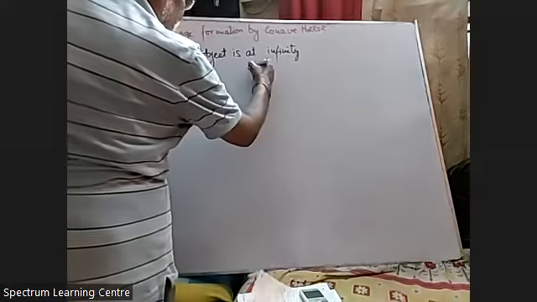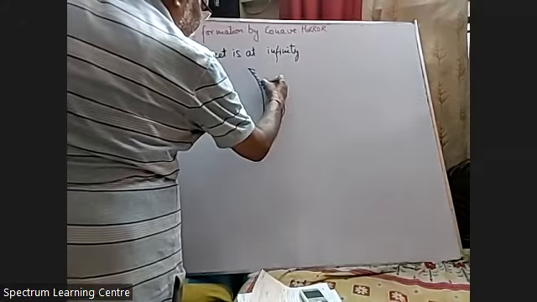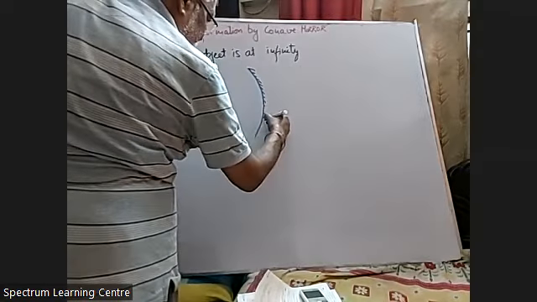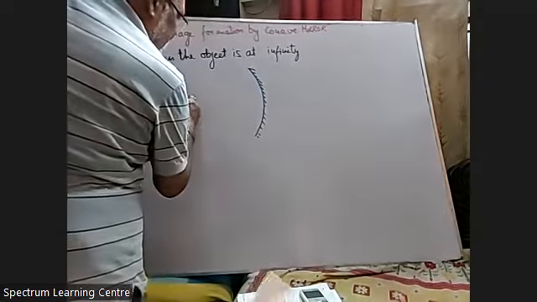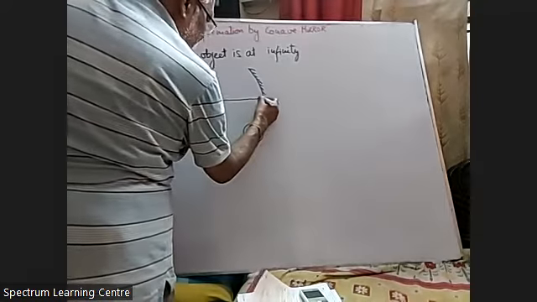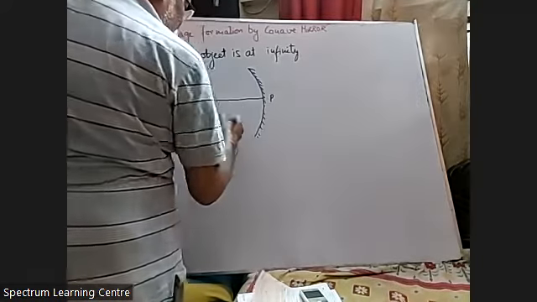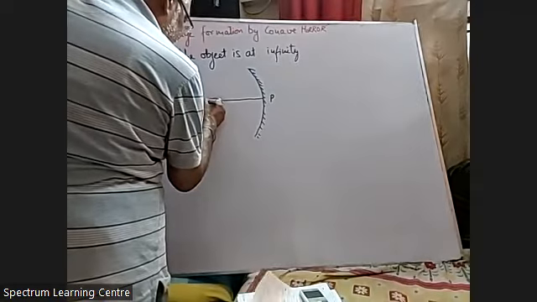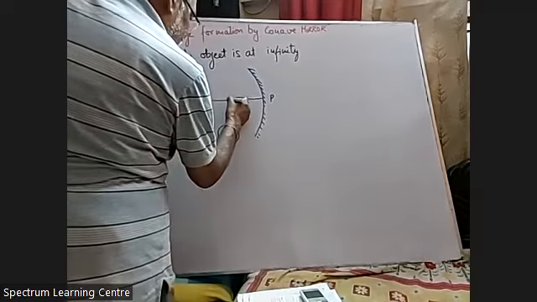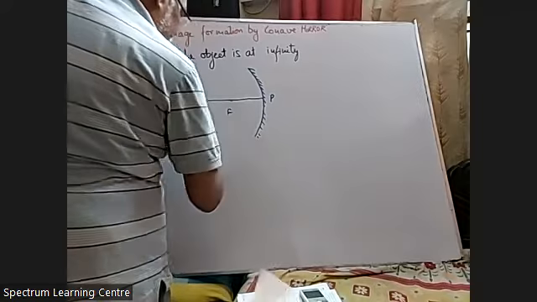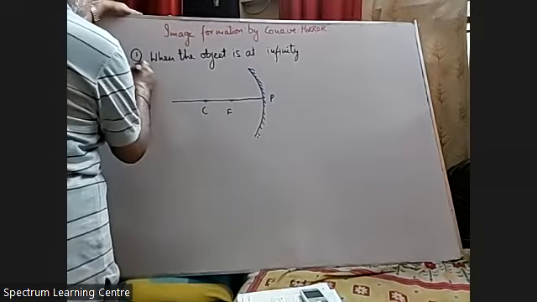Suppose this is a concave mirror. This is principal axis. This is pole. This is, say, its center of curvature. This is focus. Now here there are two cases.